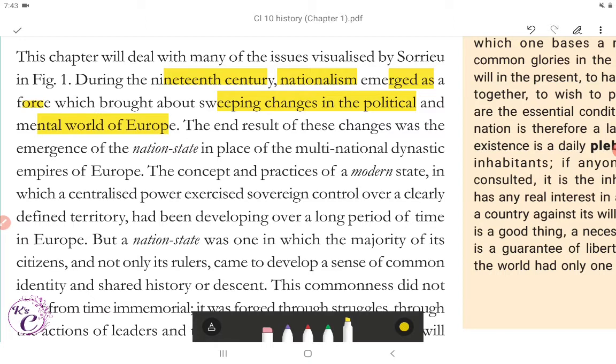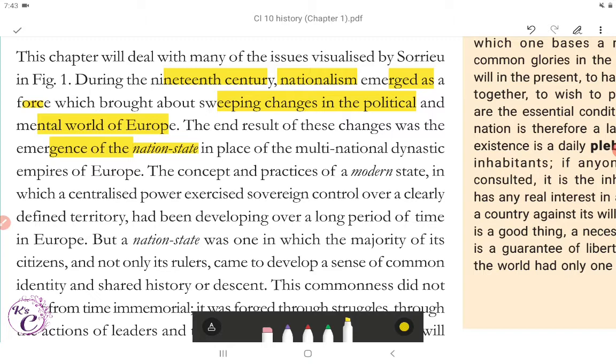The end result of these changes was the emergence of the nation state in place of the multinational dynastic empires in Europe. So, in place of the dynastic rulers, there came nation states because of this nationalism which emerged as a force.